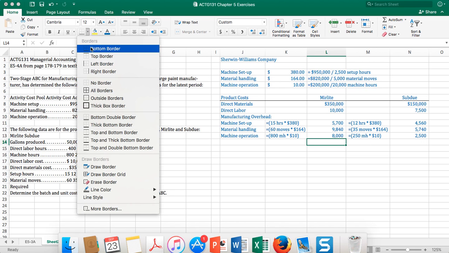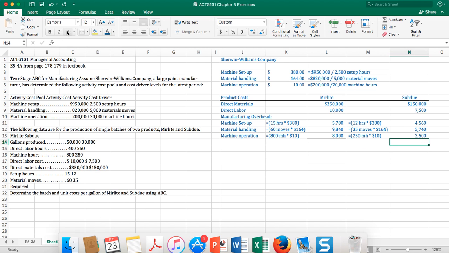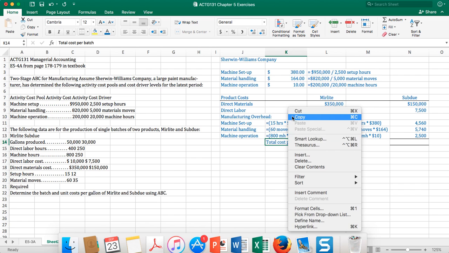So the total cost per batch, let's put some lines in here. You know, I like my lines. It makes it easier for me to look at very quickly. So the total cost per batch is $383,540 for Merlite.